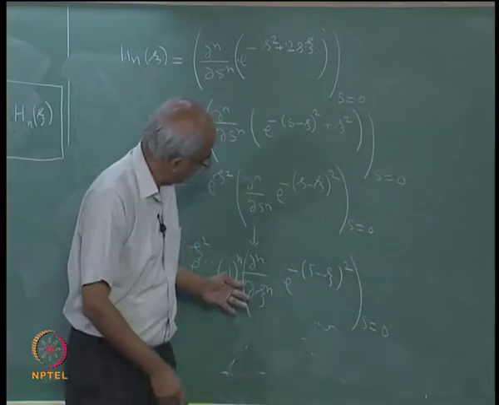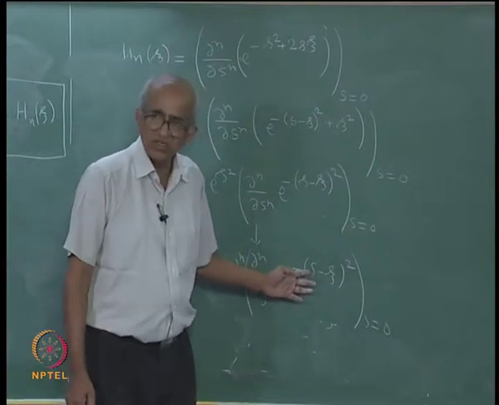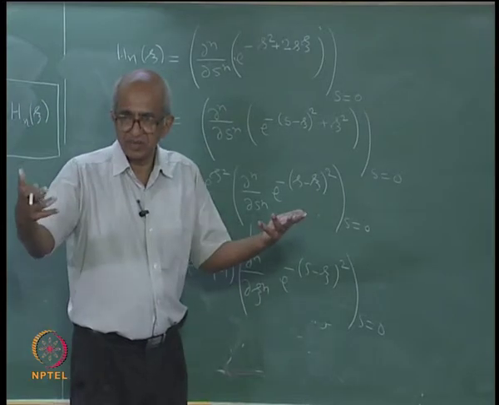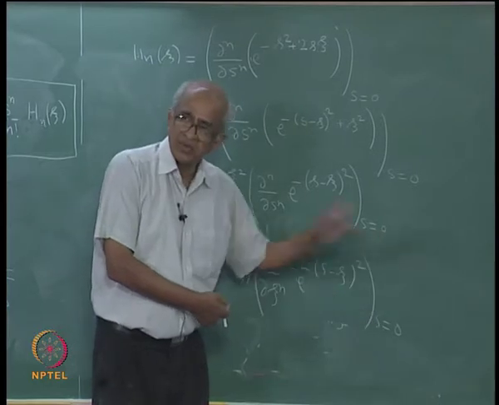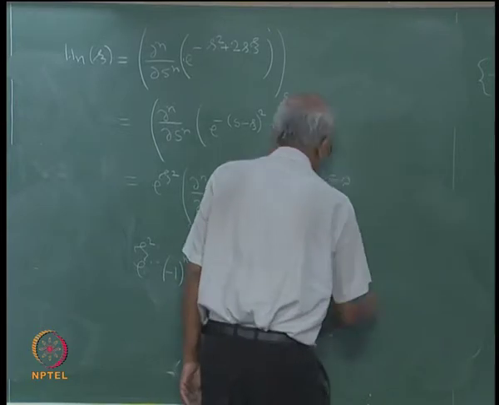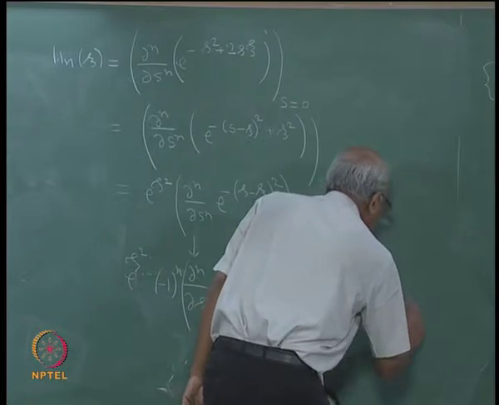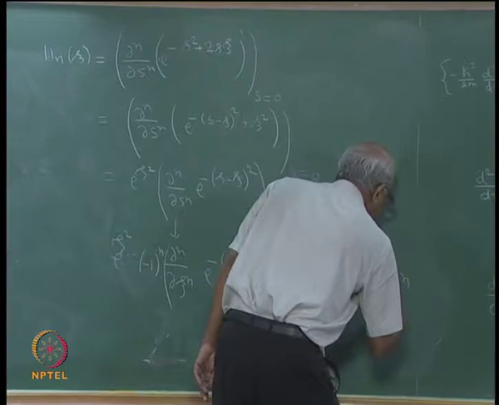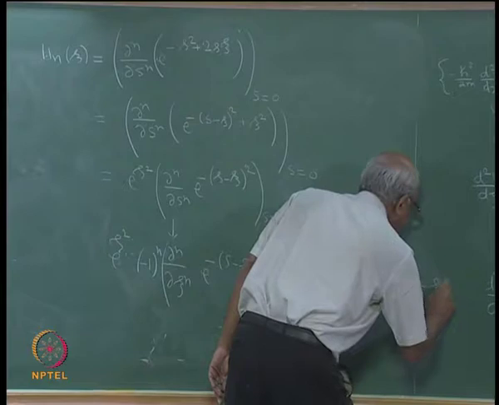But now there is no differentiation with respect to s. So straight away I can put s equal to 0 in here, right. If you had differentiation then you have to be careful, but there is no differentiation with respect to s anymore. So I will just put s equal to 0, and I will get a formula which is quite nice. It says e to the power of c square minus 1 to the power of n dou to the power of n by dou c to the power of n e to the power of minus c square.